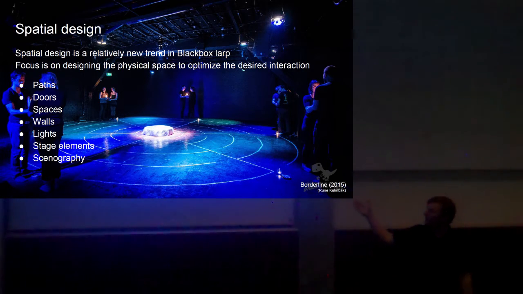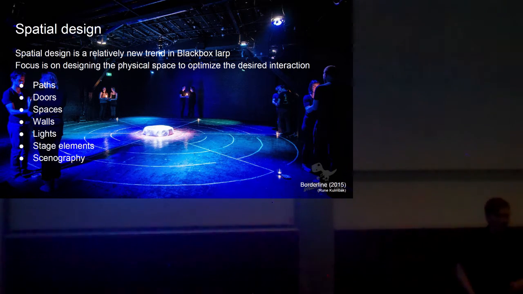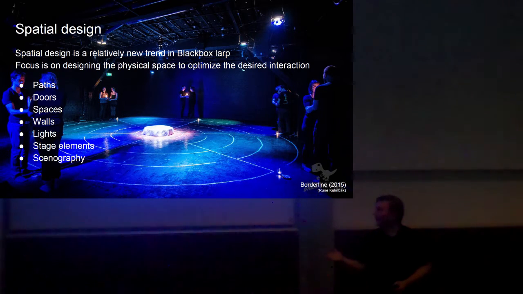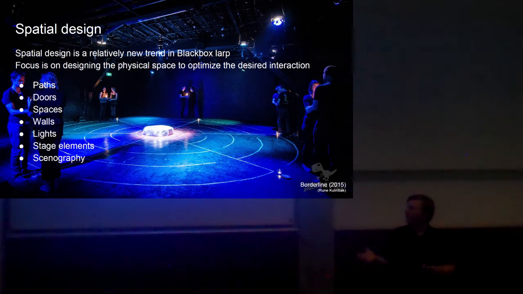And some of the things you can use to make this spatial design are, of course, paths. Where will people move? Which paths will they move along? Doors, probably more in the abstract sense, since we're playing inside just one room.